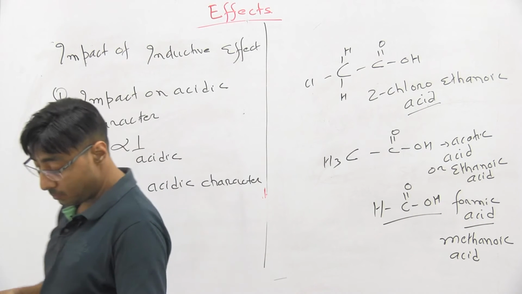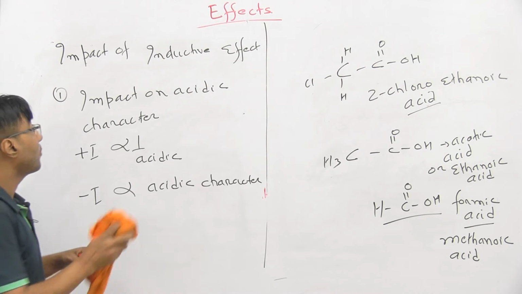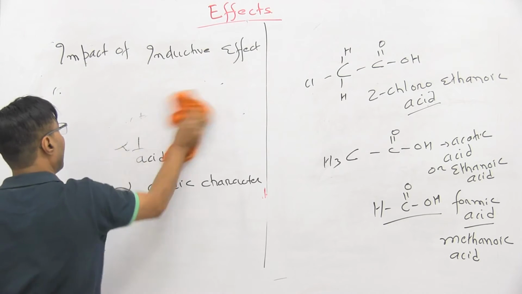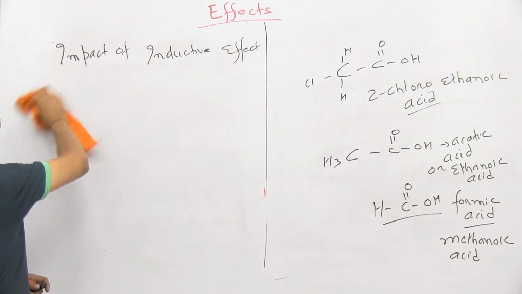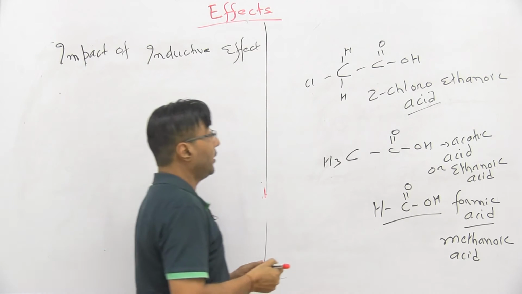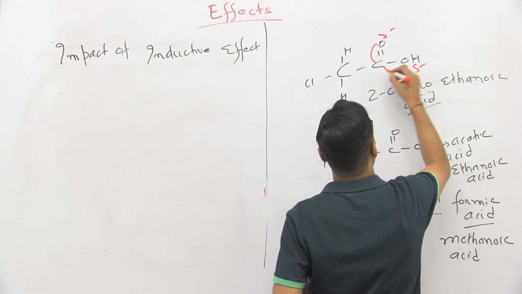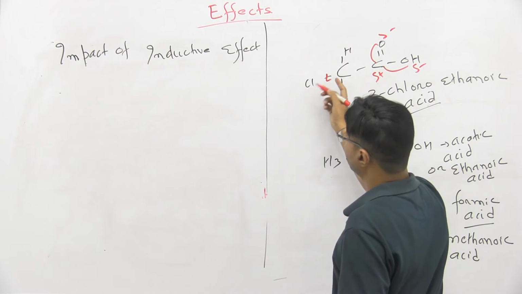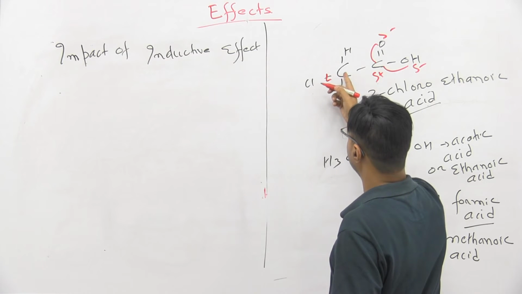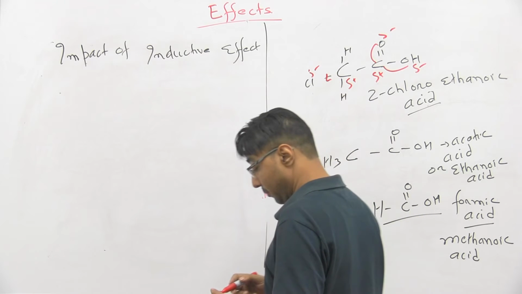Now, how to correlate between these? The charge separation is: this is negative, this one is negative, so this carbon has a positive center. This chlorine will remove the electron from this carbon, and as a result this will have a delta positive and this will have a delta negative.